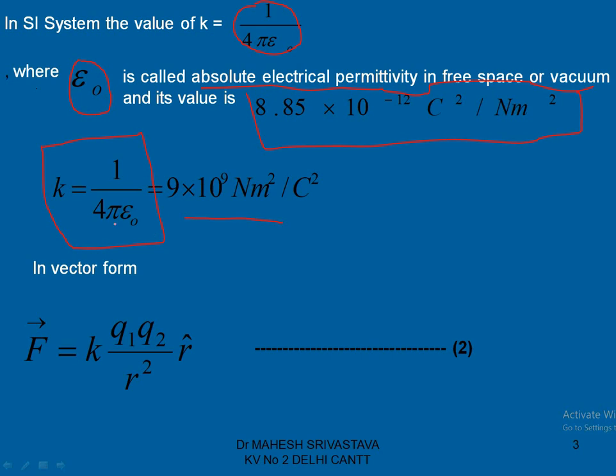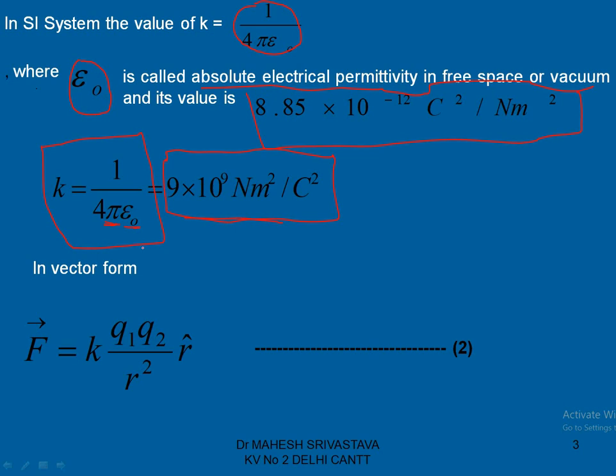So here you substitute the value of pi 3.14 and the epsilon naught value, that is 8.85 into 10 raised to power minus 12. Then you solve it, and you will get its value as 9 into 10 raised to power 9 Newton meter square per Coulomb square. So this value you just remember, so that directly you can put it in the formula for solving numericals.